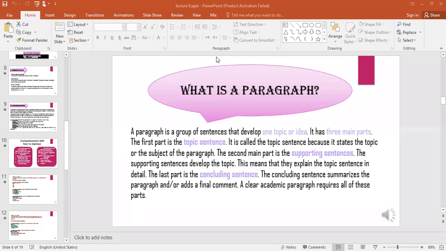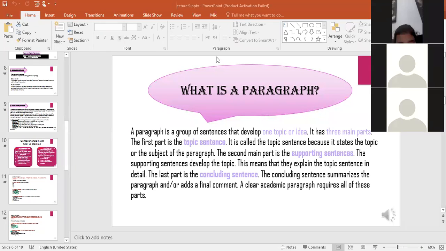Everything written. Miss, it concludes everything written in the text. Very good. So it sums up or wraps up the whole text. Okay. We have said something very important about the concluding sentence, that it restates what? Who remembers? Yes, Leah.